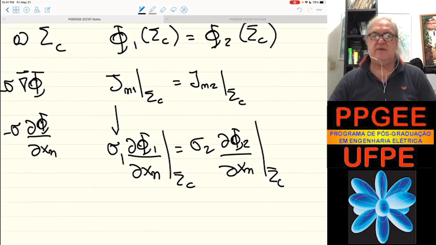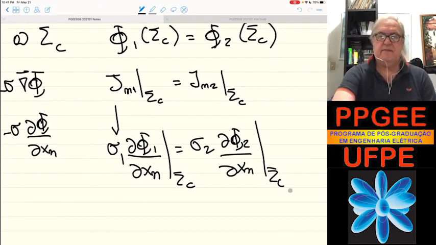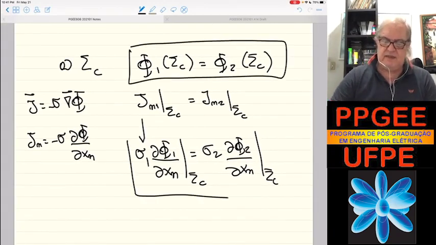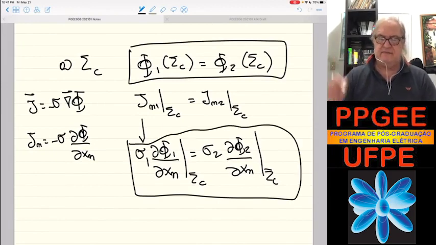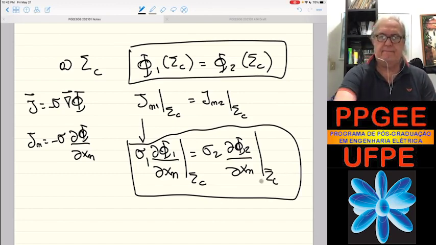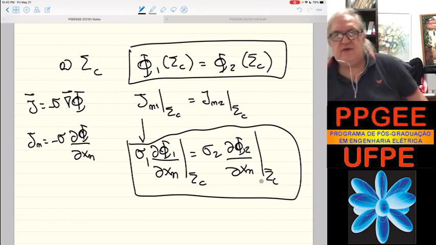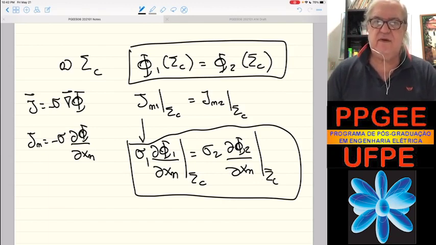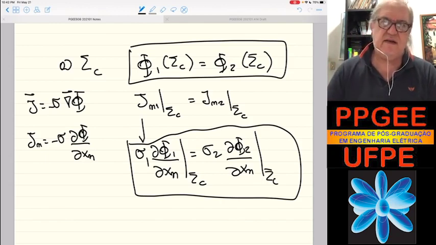That's the second boundary condition. So continuity of the potential and continuity of sigma times the derivative. Then we solve the problem. Once you solve it, you have whatever parameter you want to determine, because after you find the current distribution, you can get that.